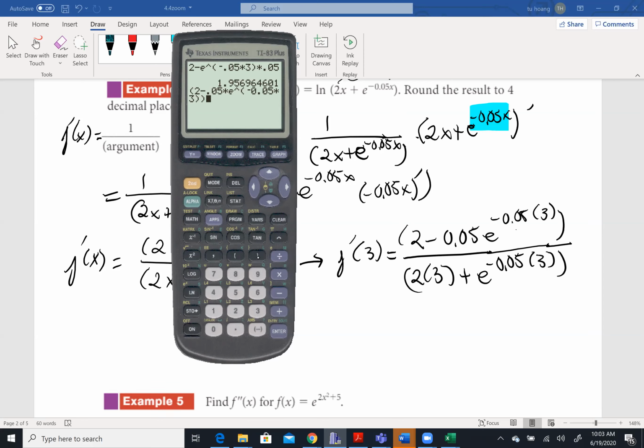So I put a close parenthesis and divide by, open up another parenthesis, 2 times 3 equals 6.